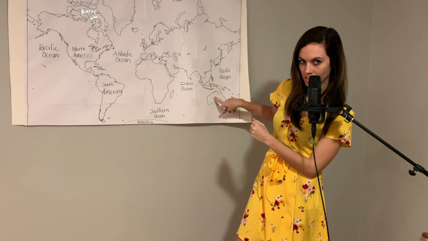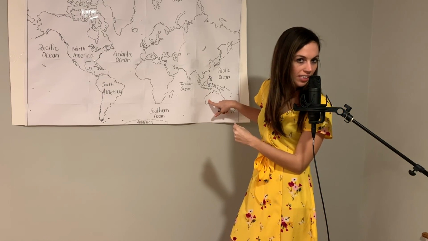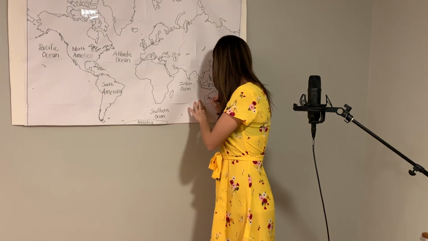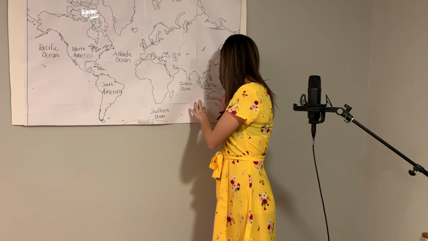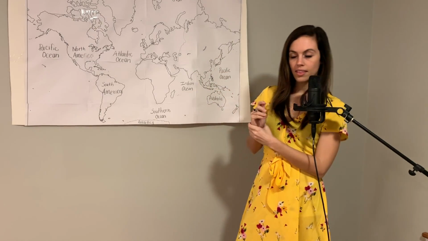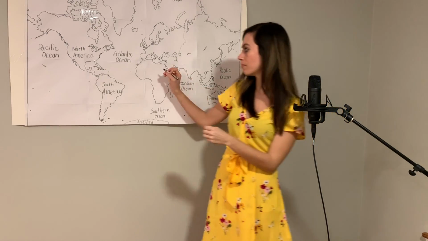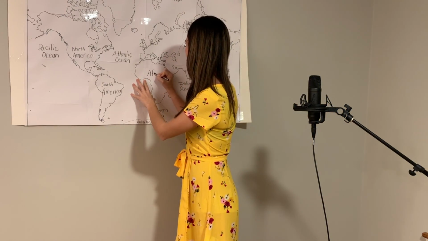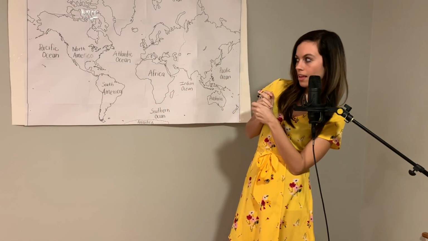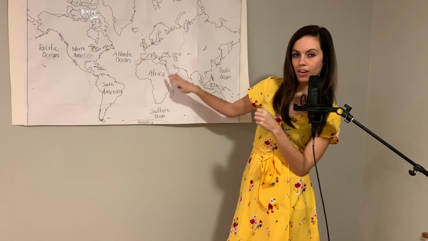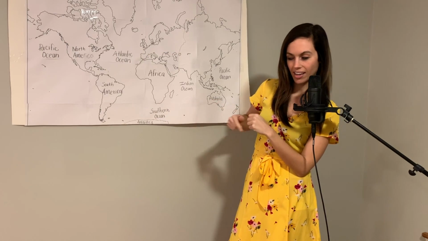This one over here is the smallest continent, and this one is Australia. Then the next continent is Africa. And that's where a lot of safari animals, if you've seen the movie Madagascar, that's the island of Madagascar.